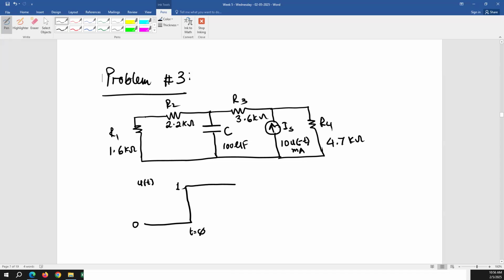For all those values, when the argument becomes 0 or positive, the output is going to be 1 for the unit step function. And as long as the argument is negative, the unit step function is going to give you a value of 0. So this is what a unit step function is.